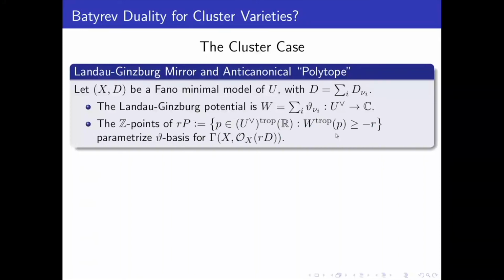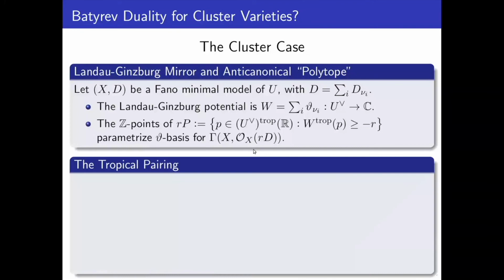We can define our anti-canonical polytope by putting R equal to 1 here. But dilations of this, the integral points of dilations, give us a theta basis for O_X of R times D. We'll essentially replace the pairing between lattices with something called a tropical pairing.